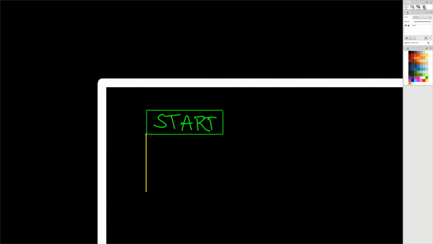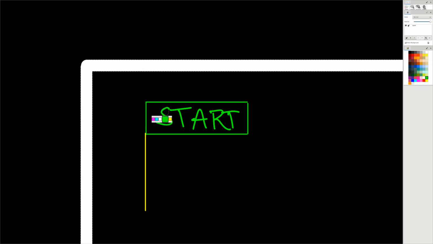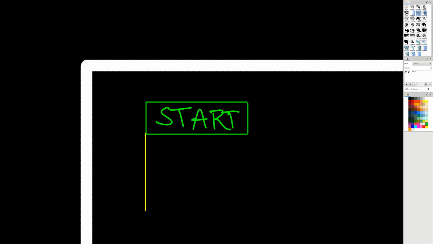Okay, and then this start, I need to make this a lot thicker. Nope. Nope. What brush am I using? Did it change the brush on me? Damn it. It did!